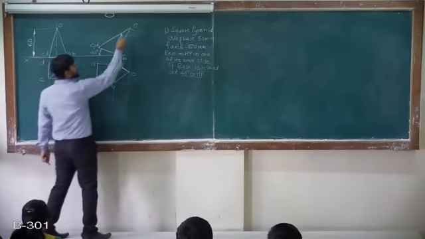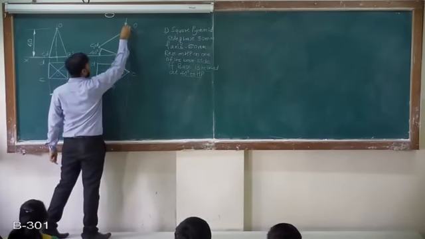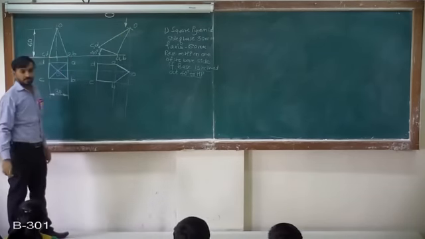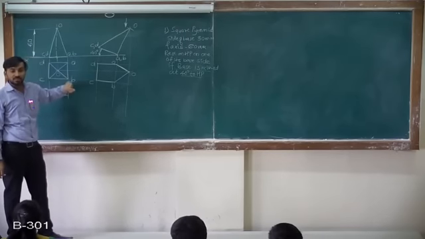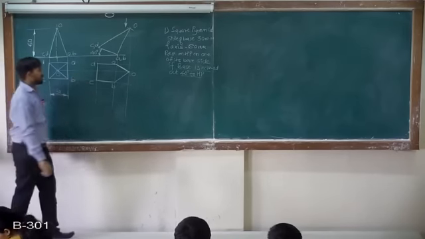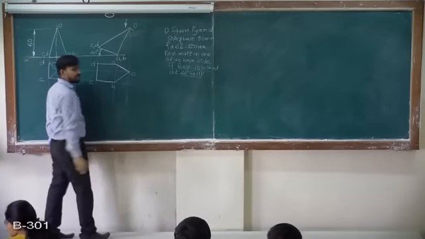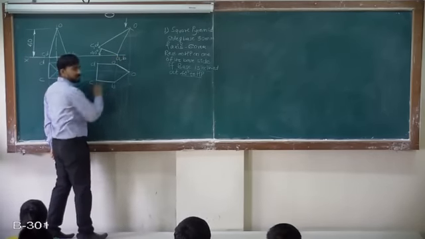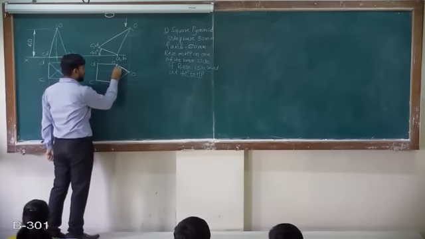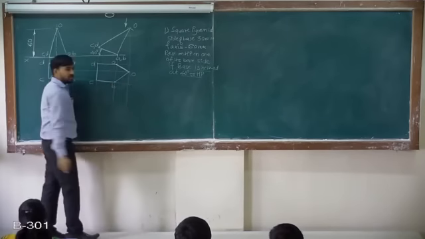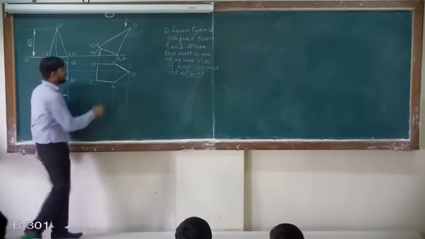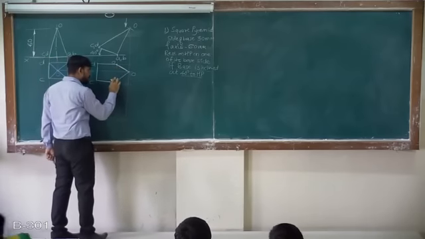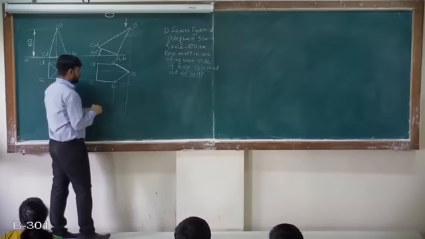The observer position is here. So from this we need to draw hidden lines. What is the rule to draw hidden lines? From the observer, the farthest point is AB, right? So this is point A and this is point B. The line passing through the farthest point will be hidden lines. So I will draw this AB line hidden.